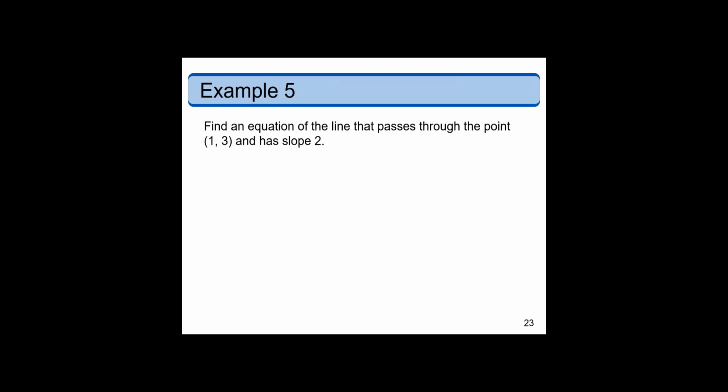For example, let's say we have a line passing through the point (1, 3). We know this is x1 and y1. The slope is 2, so m equals 2. Applying the point slope formula, y minus y1 equals slope times x minus x1.